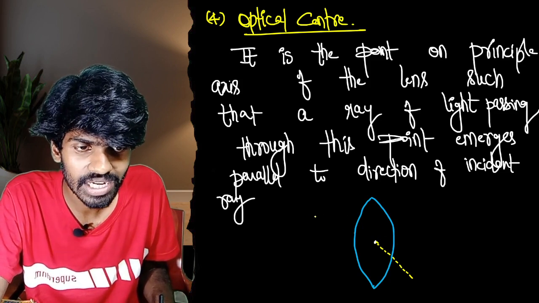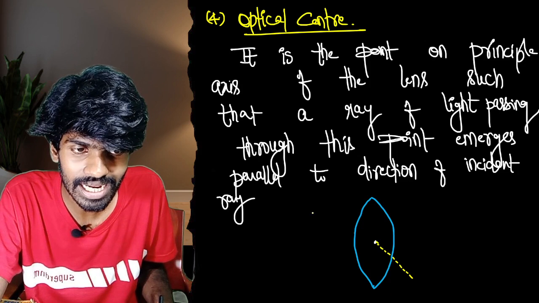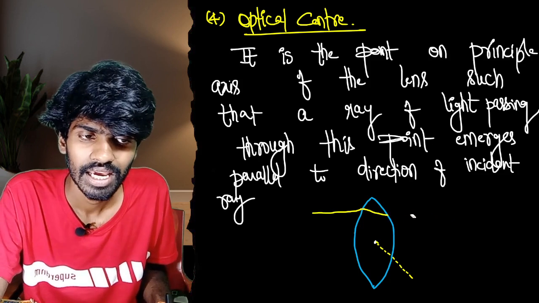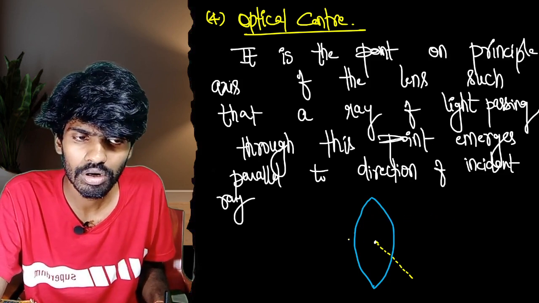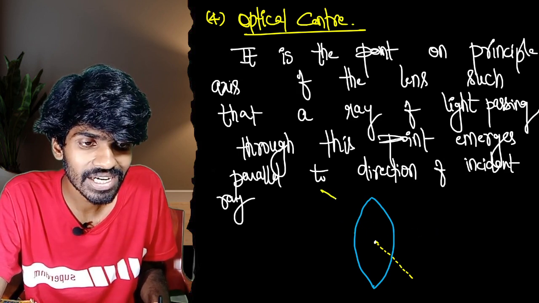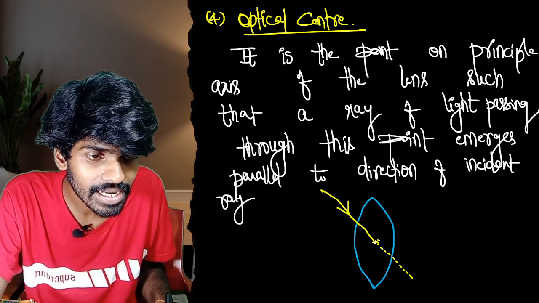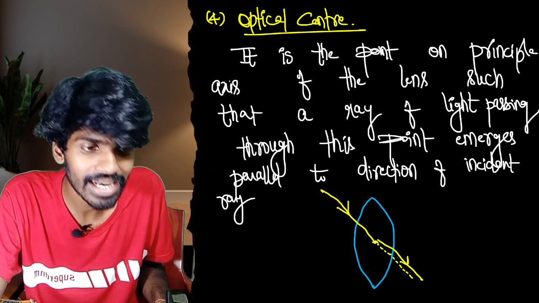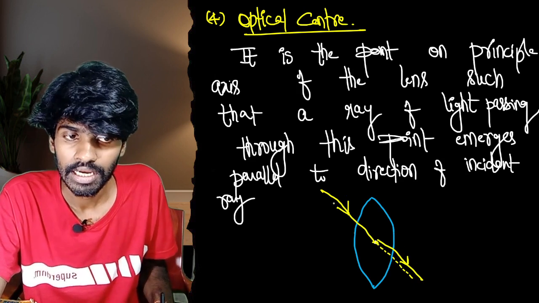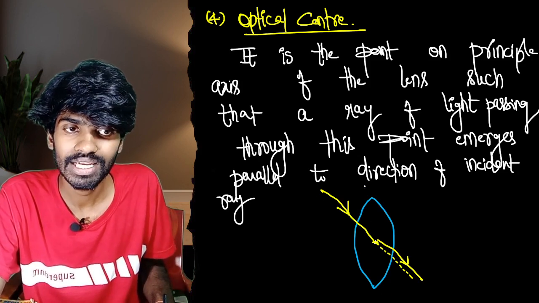In actual, it will deviate here, it will deviate here, and then it will go like this. But for simplicity we draw at one point only. So what happens in actual is that the incident ray and emergent ray will be parallel. So the point toward which the incident ray is pointing is known as optical center.